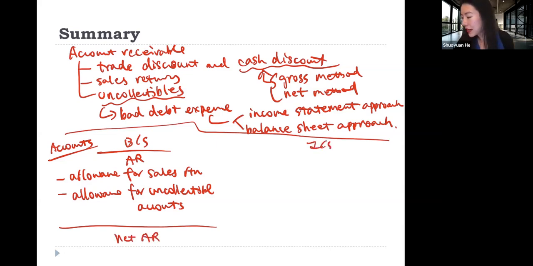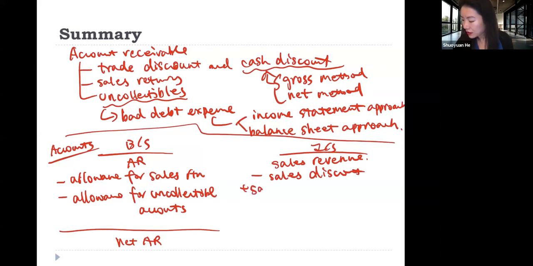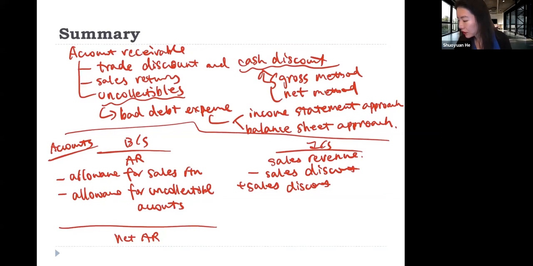On the income statement, we start from sales revenue. And sales discount. This is a contra account to sales revenue. Sales discount forfeited. This will increase your sales revenue.